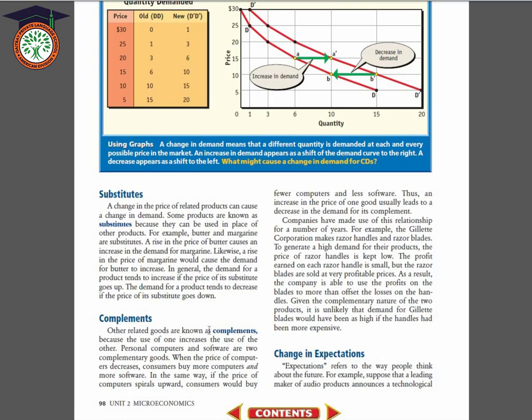This product, the software, relies on the computers. So if the price of computers decreases and the quantity demanded increases, relatively the quantity demanded of software is going to increase also.